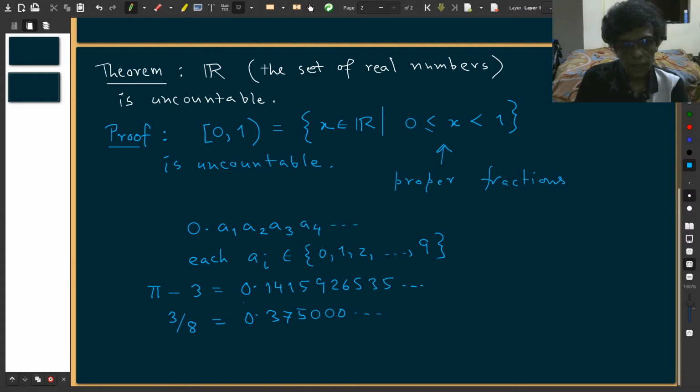And if you have a terminating decimal expansion like this, you actually have a second representation of the same number, with all nines. This and this evaluate to the same thing.